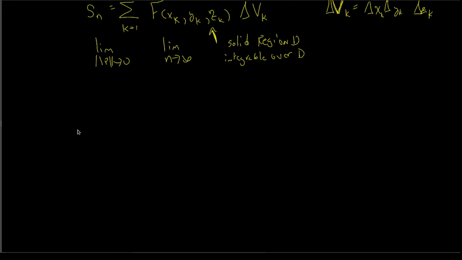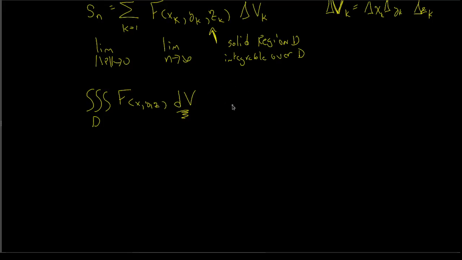And so as we take the limit, our sums always turn into integrals. And so we'll have some sum over D, or some integral over D, becomes the function in x, y, and z of dV, the volume element. Now, of course, we'll look at different coordinate transforms for different volume elements.